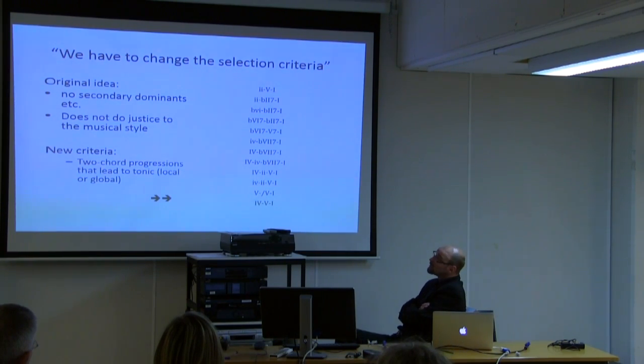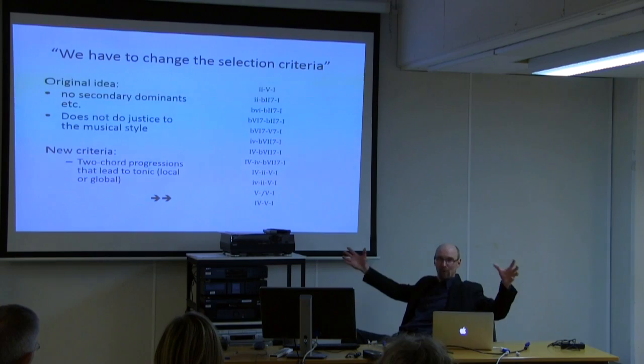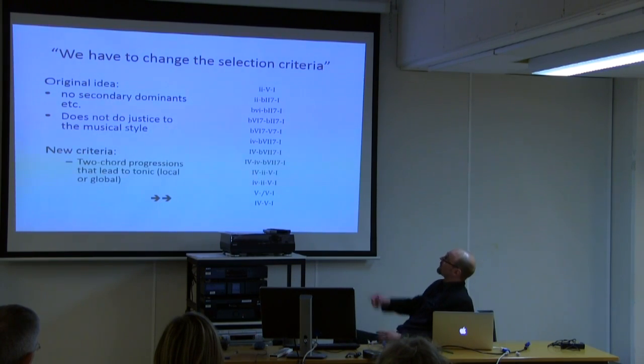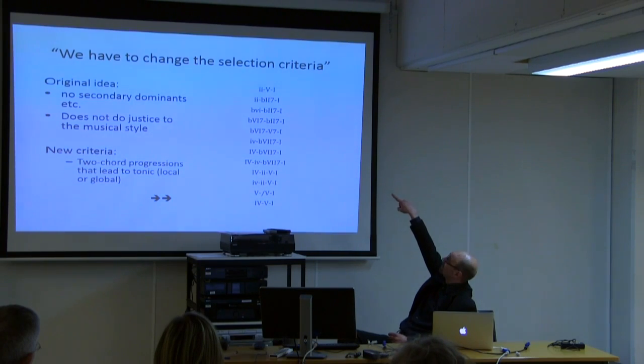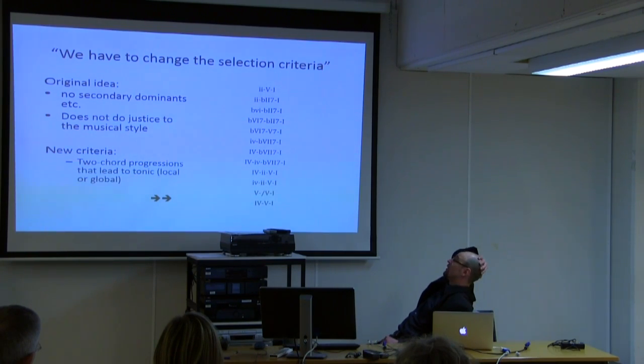We decided that in the case of standards, we take all two-chord progressions that lead to tonic, that being a local tonic or sort of global. And these are the cadences that you can find there. Yes. And I can give you some initial results. Of course, everything is at least 7th chord.